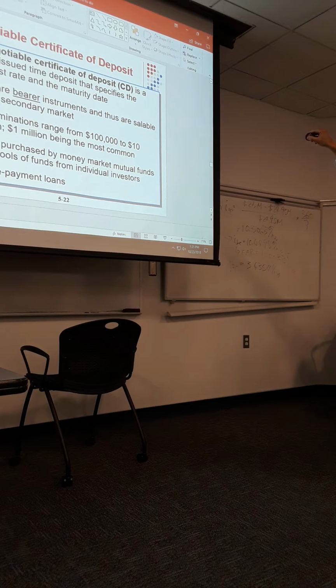Now this one here, you need to be careful. It is a bearer instrument. It's not a registered instrument. So you buy the CD, you drop it on the ground, I walk by, I pick it up, and I can sell it. The buyer only recognizes that piece of paper, not the name.